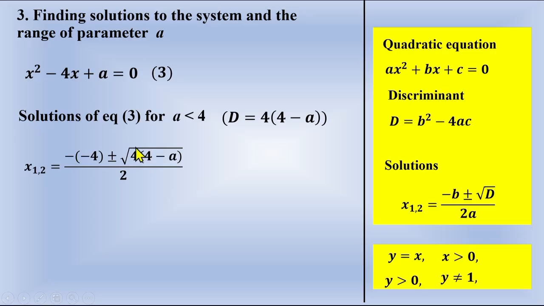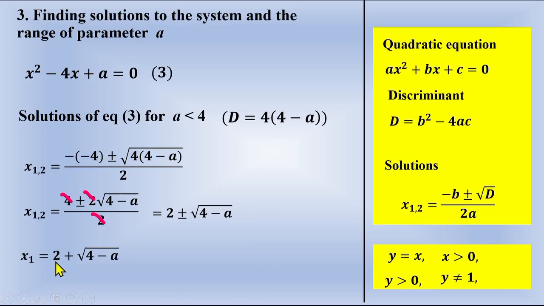We can factor 2 and move it out of the square root. So we have this equation. Next, we can cancel 2, and we have this simple formula for the two roots of the quadratic equation.